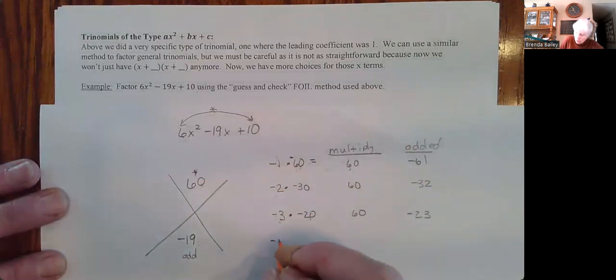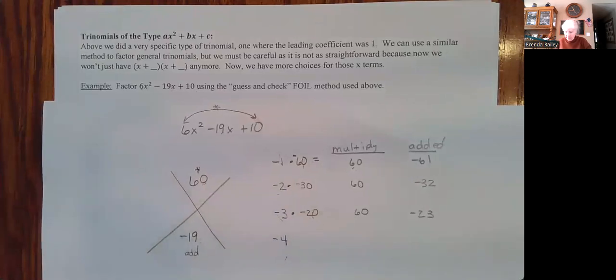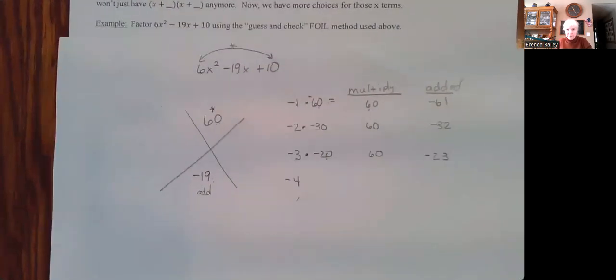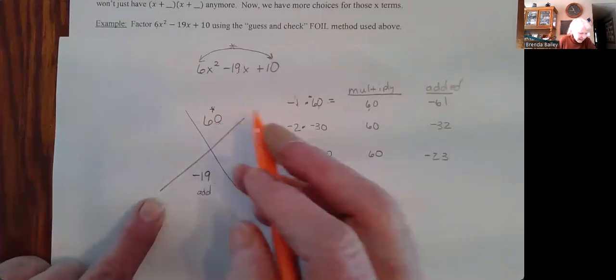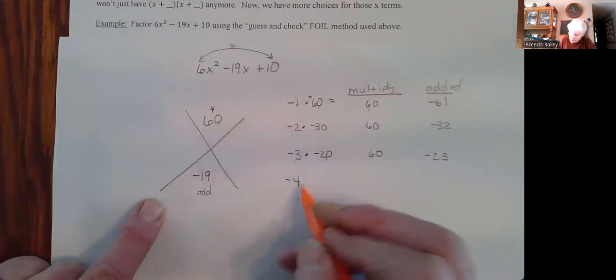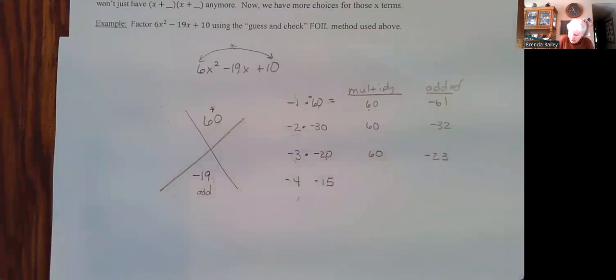Let's try a -4. Sometimes these numbers don't go in and you just skip it and go to the next one. Then you just keep going down until you find a combination that works. So we're trying a -4. 60 divided by -4 gives you -15.